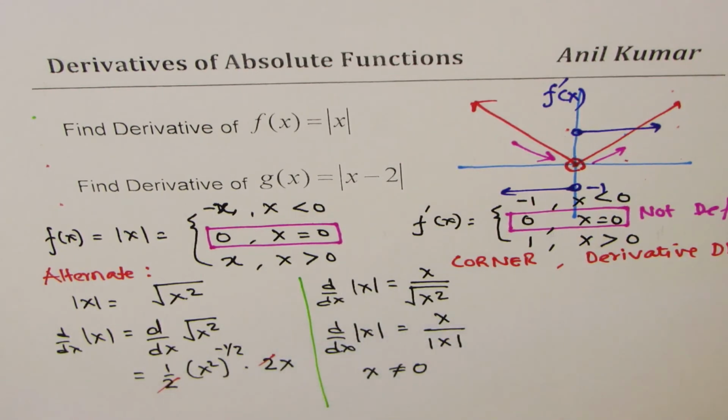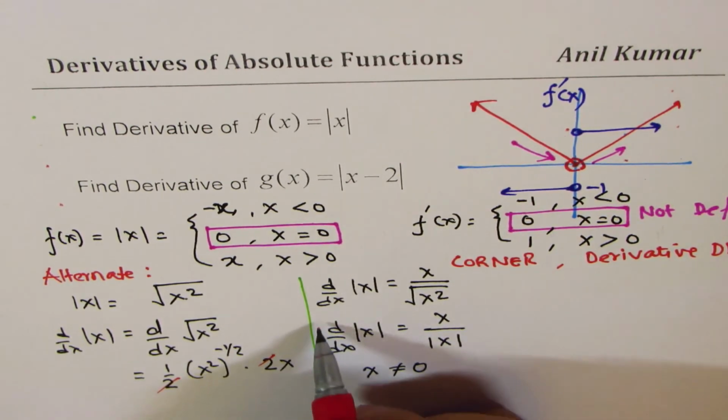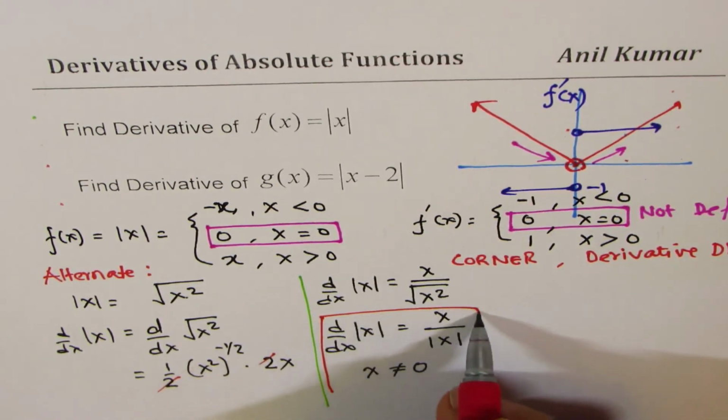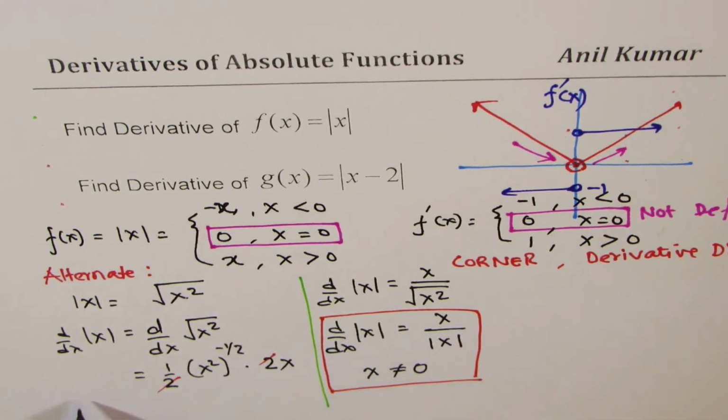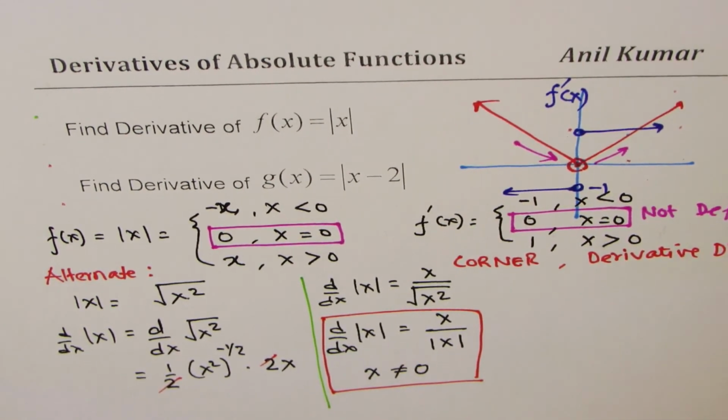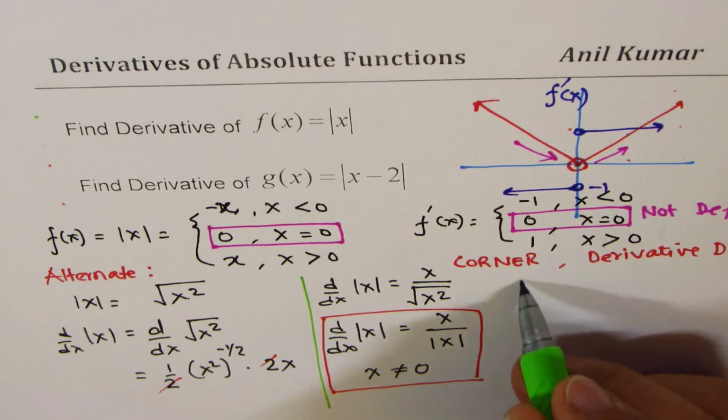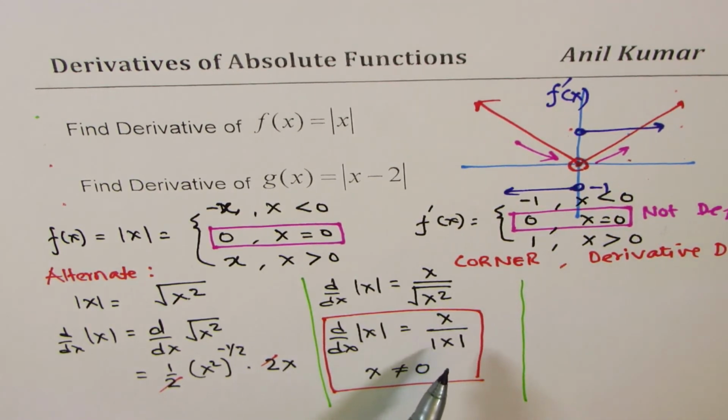So that becomes the derivative of absolute x. Does it make sense? Now this value, x over absolute x, is the signum function.